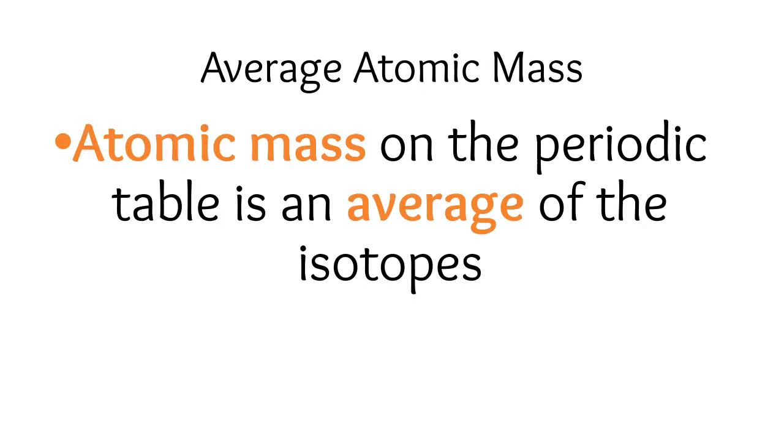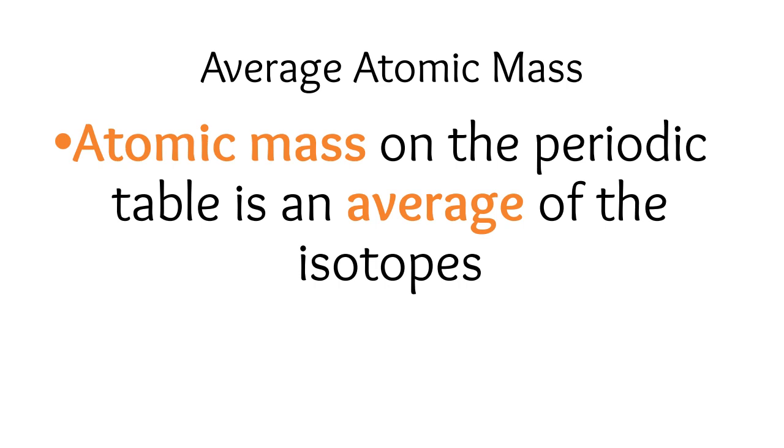The other side of isotopes is looking at the average atomic mass. Atomic mass on the periodic table is actually given as a decimal because it's an average of all of that element's isotopes. So we saw before that hydrogen has 3 specific isotopes, with atomic masses of 1, 2, and 3.